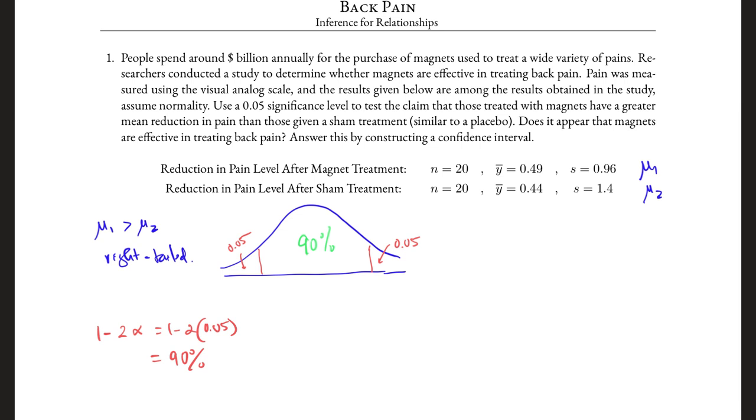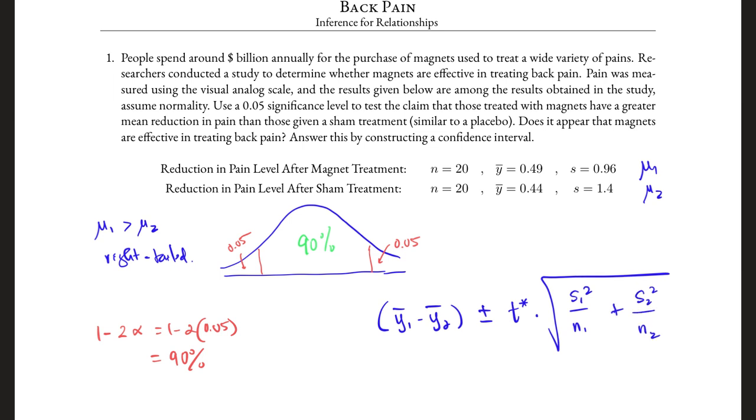For the confidence interval for the two sample t-test, we compute y1 bar minus y2 bar plus or minus the critical value t times the standard error, where the standard error is the square root of s sub 1 squared over n sub 1 plus s sub 2 squared over n sub 2.